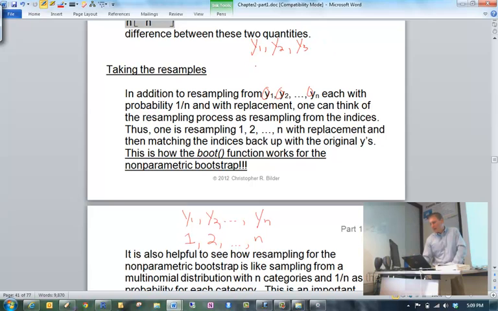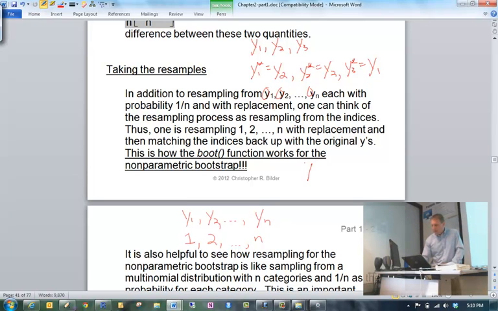And let's say in my resample, y1 star is y2, y2 star is y2, and y3 star is y1. Now, basically what this is saying is that you want 2 of the 2 indexes and 1 of the 1 index. Sorry, I picked those numbers.